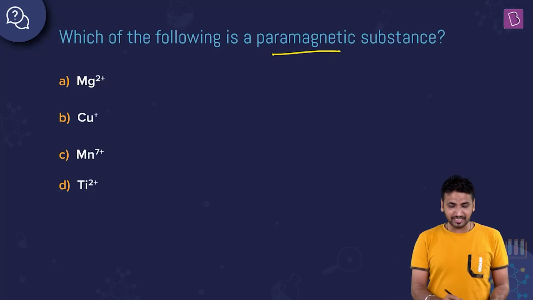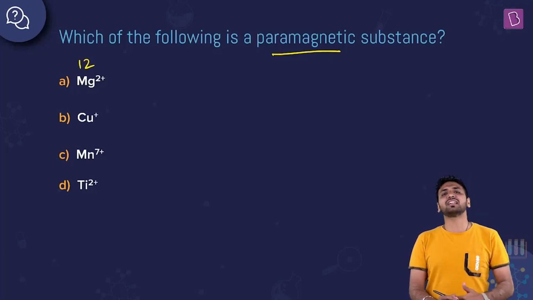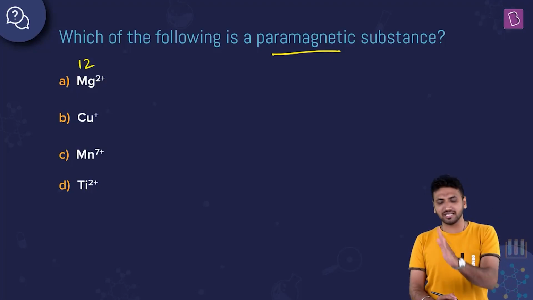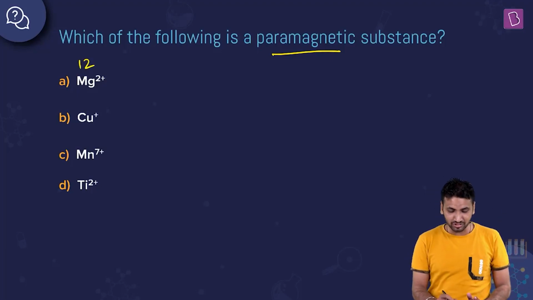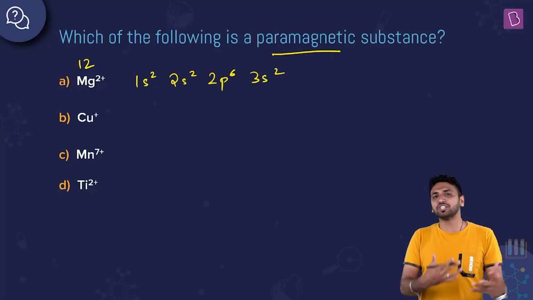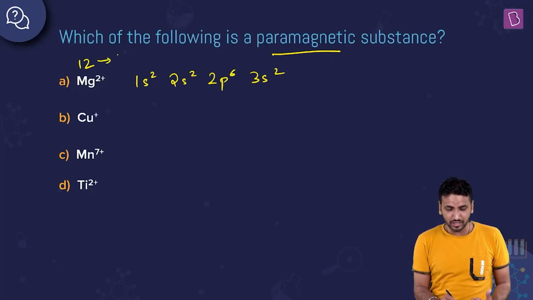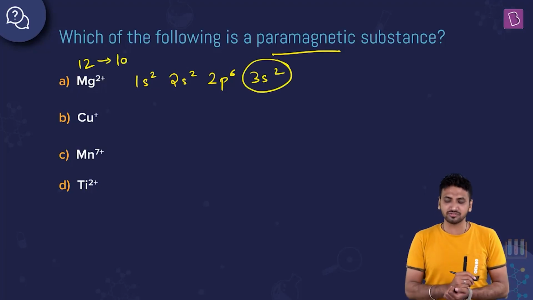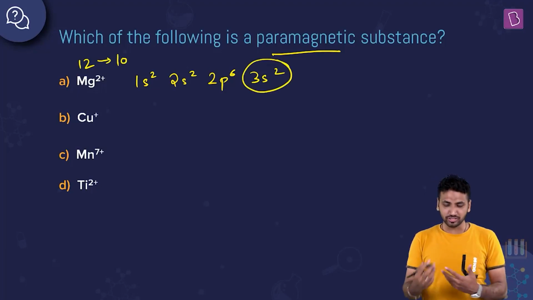So let's start with magnesium. Magnesium has atomic number 12, and let's write for the atom first, then we'll derive the electronic configuration for the ion by removing the electrons. So the magnesium atom is 1s2, 2s2, 2p6, 3s2. Perfect. And because this is Mg2+, we are moving from 12 electrons to 10 electrons, and those 2 electrons will be the 3s electrons that are going to be removed.